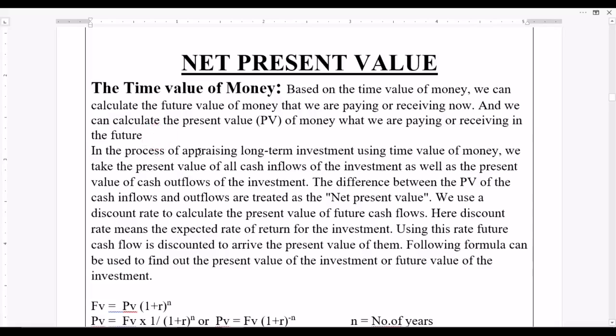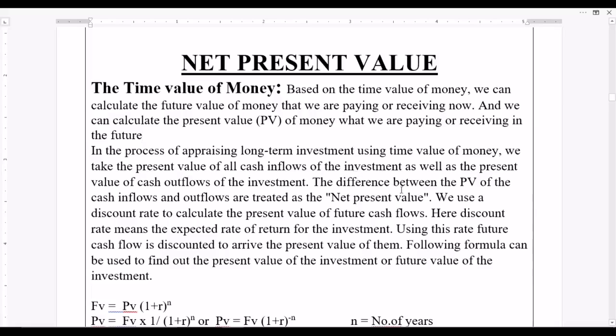In the process of appraising long-term investment using the time value of money, we take the present value of all cash inflows of the investment as well as the present value of cash outflows of the investment.